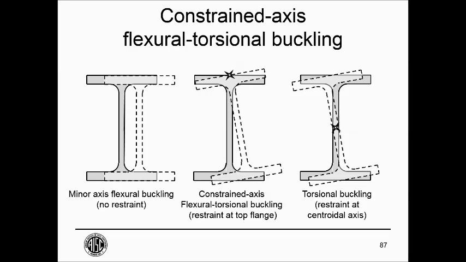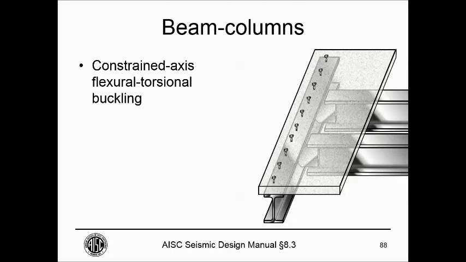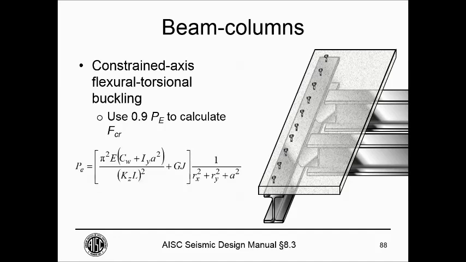Instead, what we have is the bottom flange might move laterally and the top flange is essentially restrained by that deck. So there are equations that we use for that. There's a derivation of that shown in the Seismic Design Manual. We calculate the strength with respect to this buckling mode.